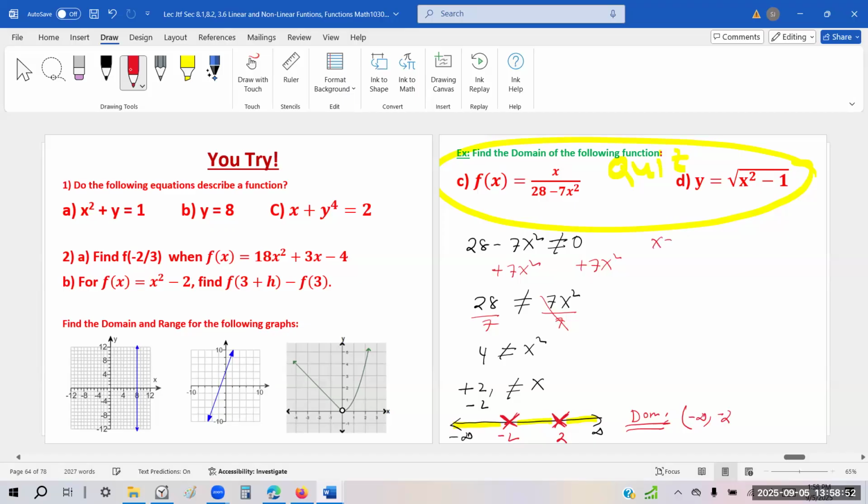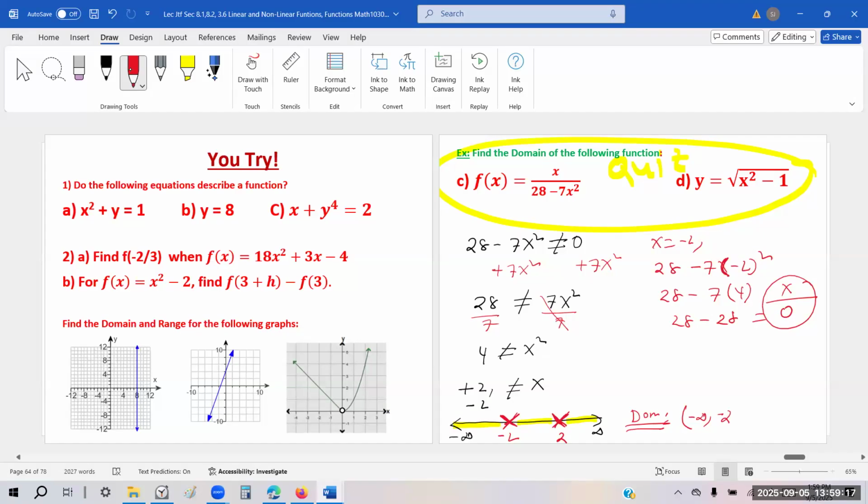When x is -2, the denominator is 28 minus 7 times (-2) squared, so 28 minus 7 times 4, 28 minus 28, which is 0. Can you have 0 in the denominator? Can you substitute x with -2?